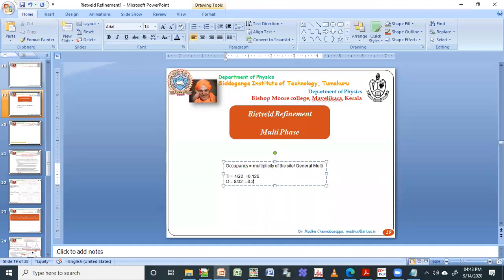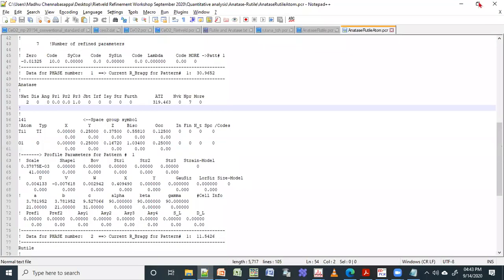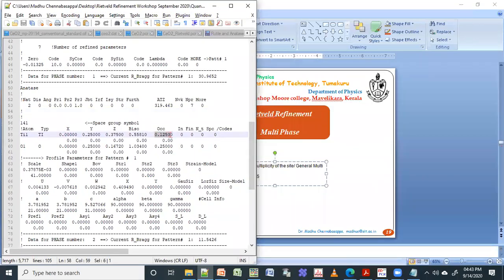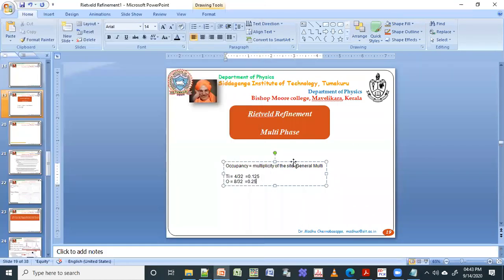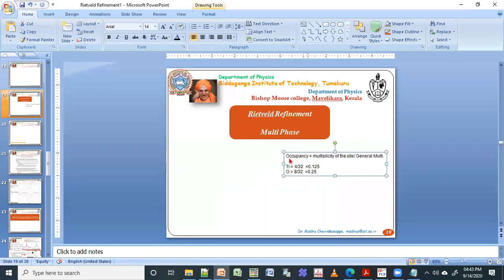These are the values that we have plugged in here. If you want to do more crystallography, this is how you have to calculate the occupancy.